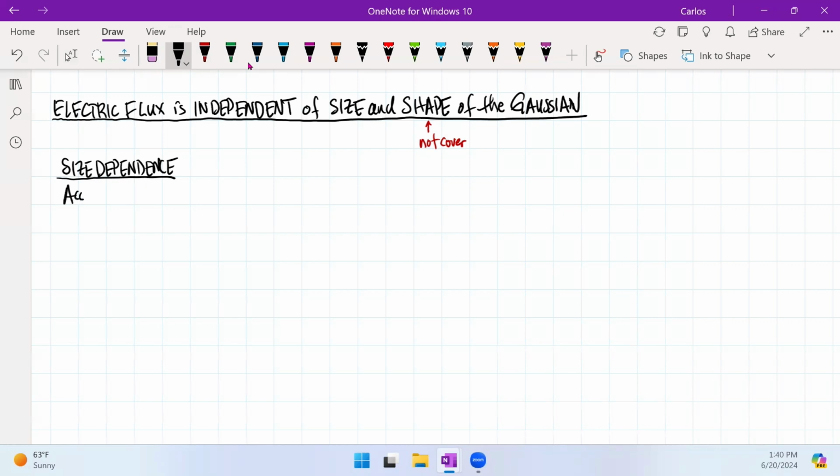So writing this down, Gauss's law states that if the enclosed charge is fixed, that means it's constant.